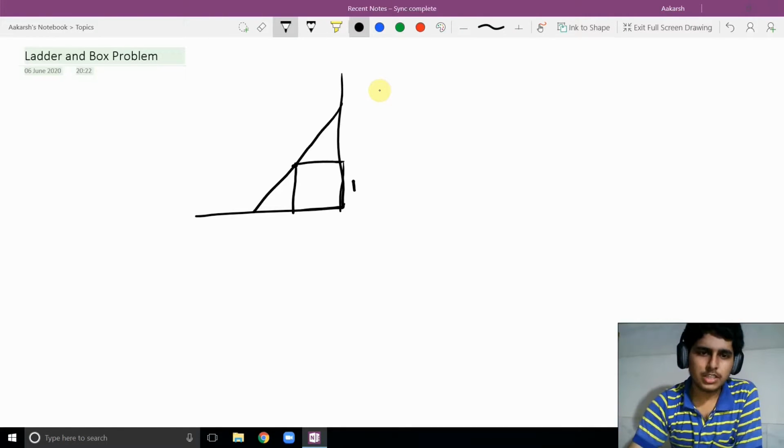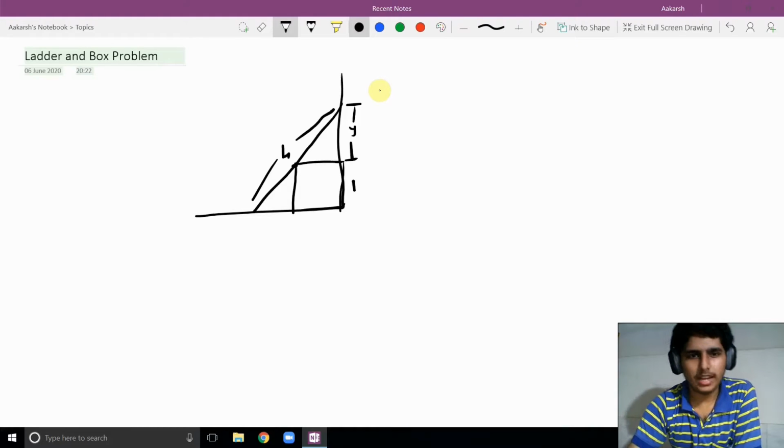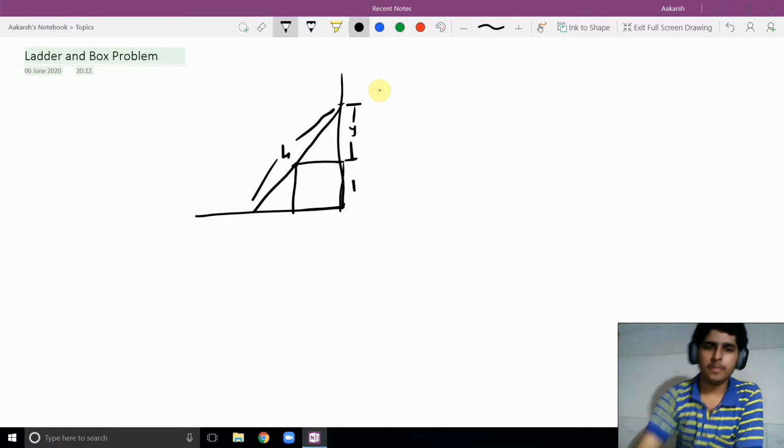The length of the ladder is 4 and the side of the cube is 1. This height I call y. It is the distance between the topmost point of the ladder and the topmost point of the cube. I want to find the value of y.